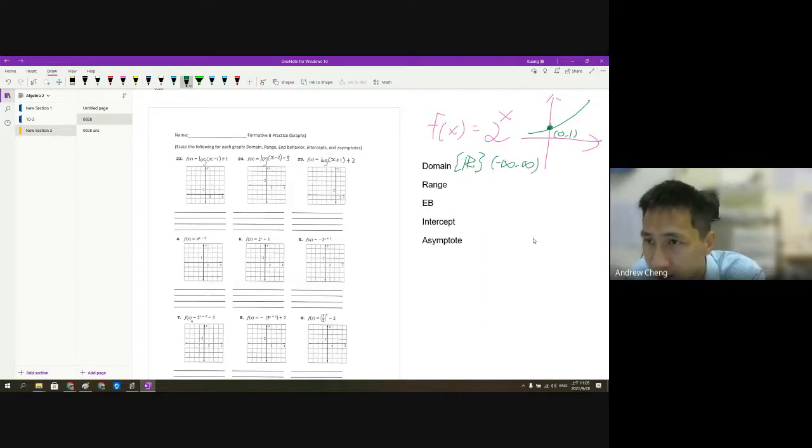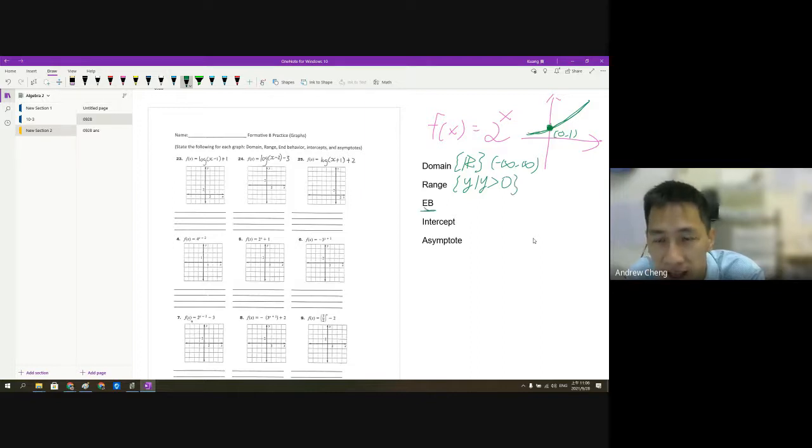For the range, you can see the whole graph is above the x-axis, which means the y-coordinate can only be positive. So the range is y greater than 0. It cannot be equal; y must be greater than 0.